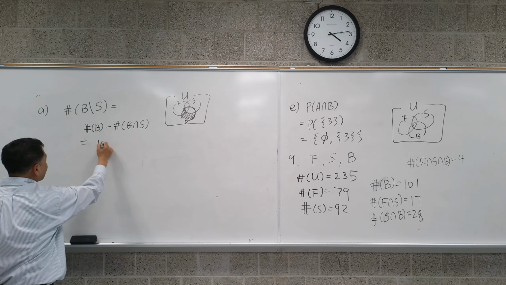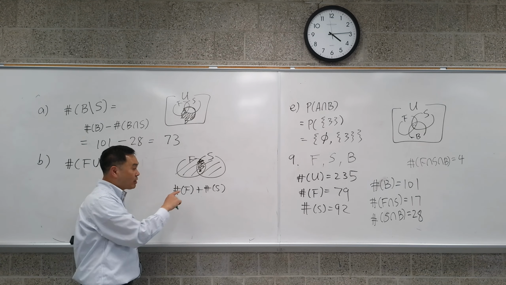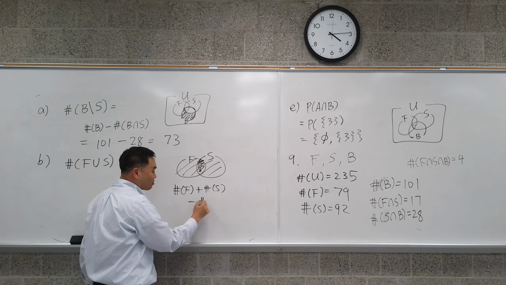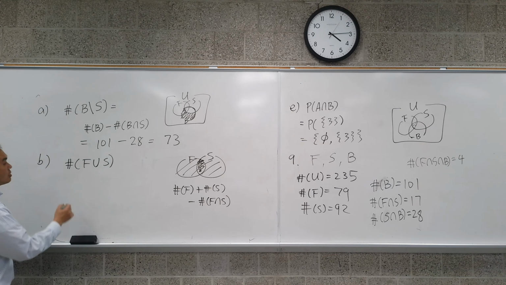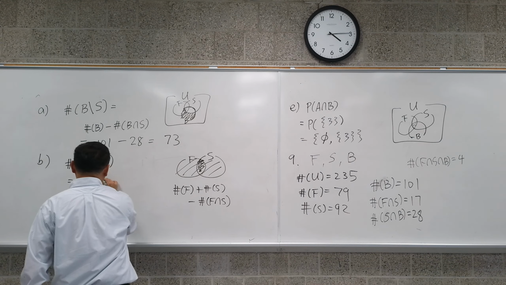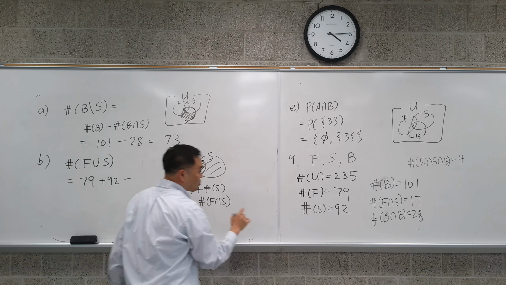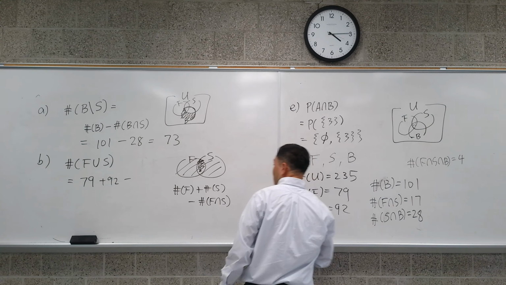But if you do that, then the overlap is counted twice. Do you agree? The overlap is counted twice, so you have to subtract it once. So the number of people in F is 79, the number in soccer is 92, and you have to subtract F intersect S, which is 17.